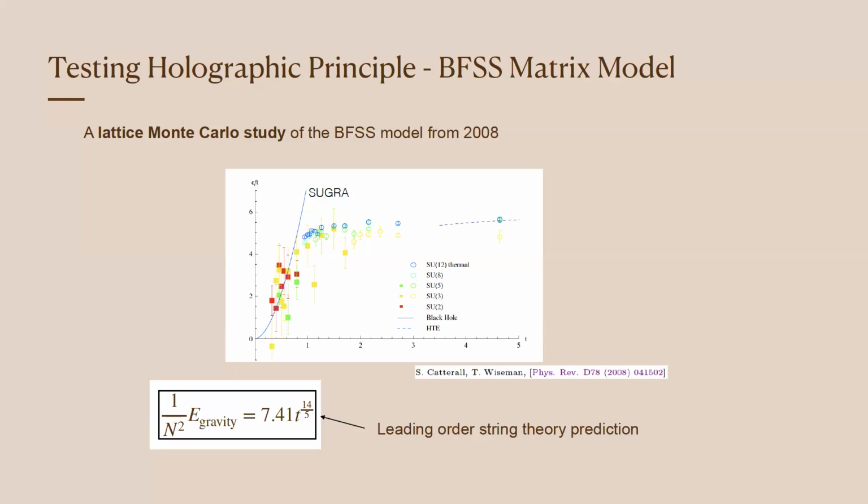Okay, so the Monte Carlo results are kind of agreeing with the supergravity. Yeah. The agreement is supposed to be anything in the large N limit. Yeah, larger. So this was a crude lattice simulation. Back in those days, they didn't have that much computing power.